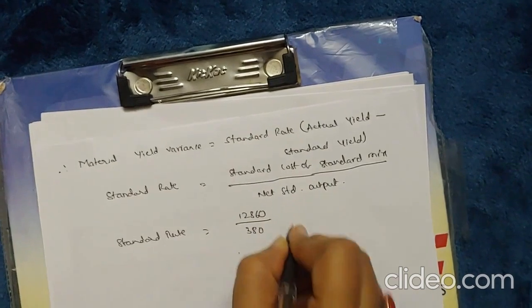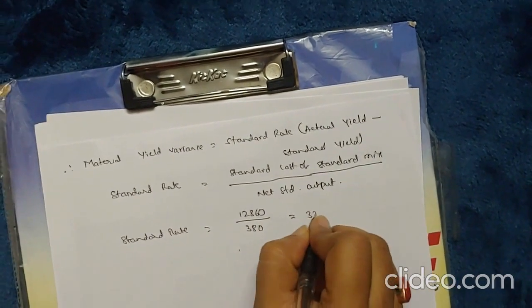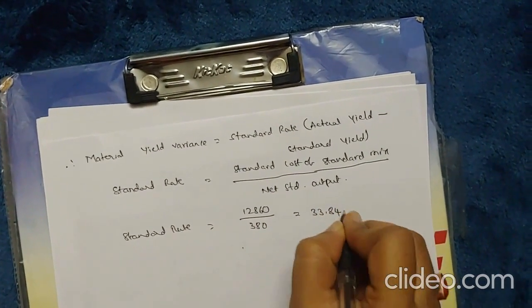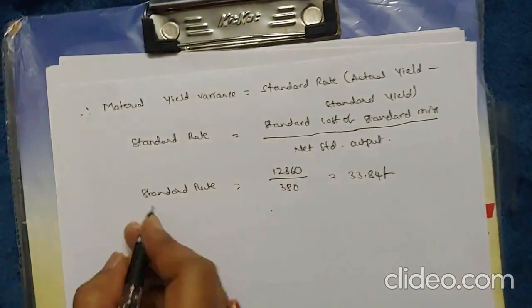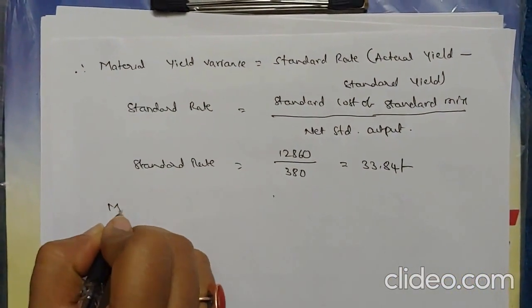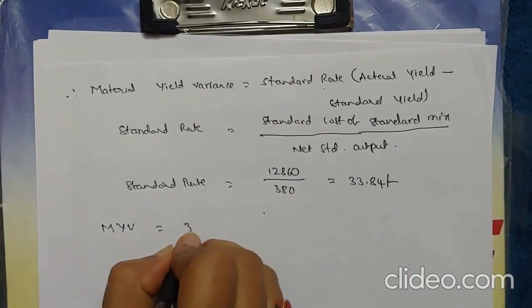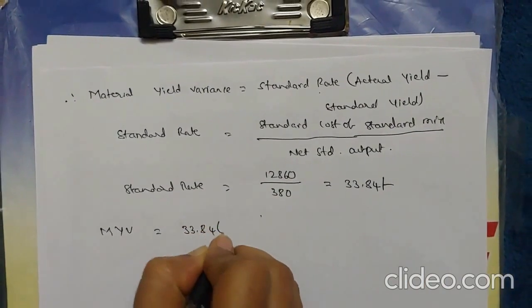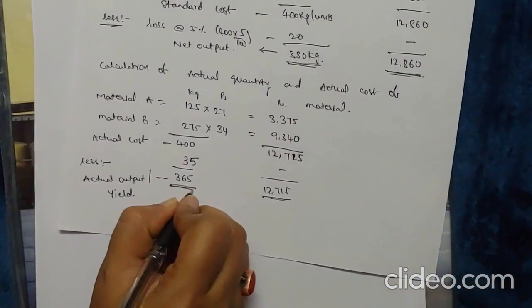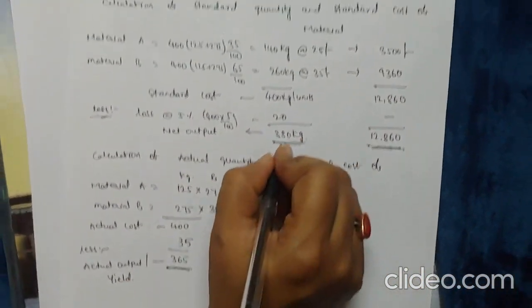Standard rate is equal to standard cost of standard mix divided by net standard output.